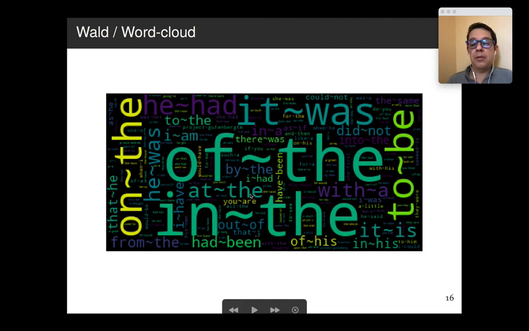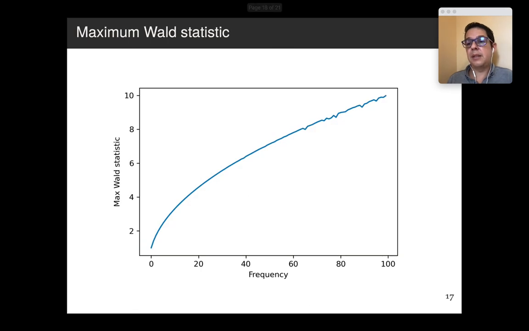Before I explain it, let me try to explain why it is not telling me anything. If I make this plot, I go through all the frequencies of the words, I mean, all the times a particular word appears.